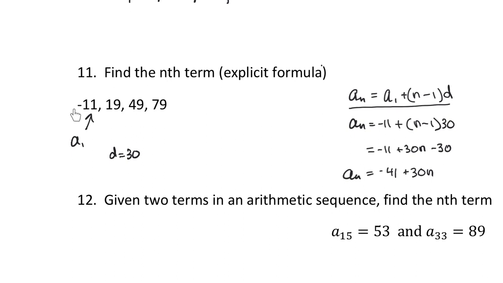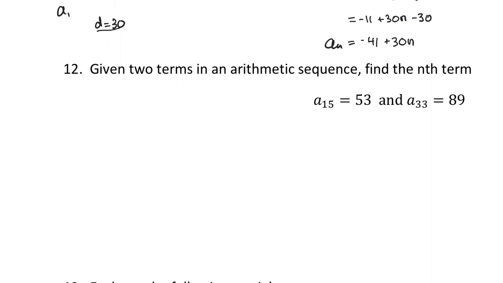If we went 30 units in this direction, we would get negative 41 as a 0 term. And we know the common difference is 30, so we can, just with that information, use mx, or slope intercept form, 30n minus 41 from the 0 term, and we get the same nth term formula. Either way, you would need to give an answer that is the nth term. Whether you do it this way or use the 0 term with the common difference, it's up to you.